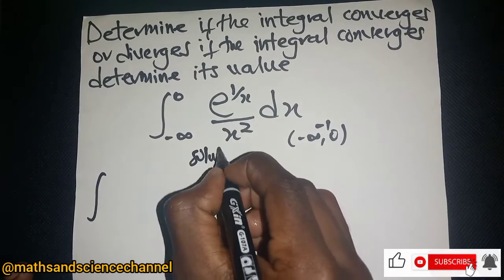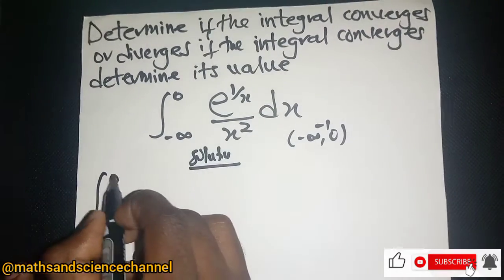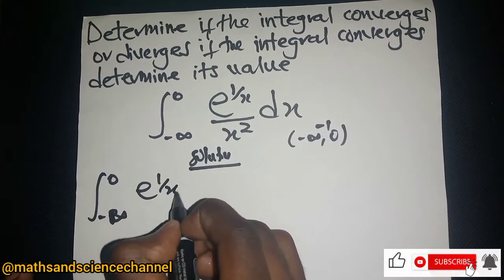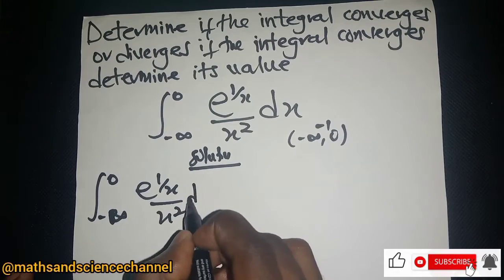So we have the integral from negative infinity to 0 of e to the power 1 over x over x squared dx.